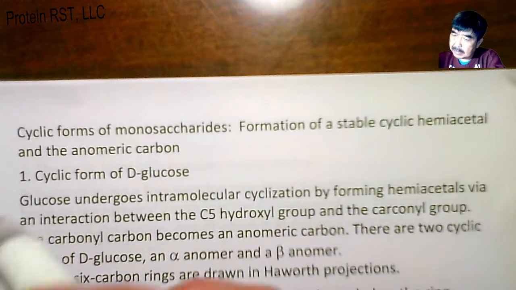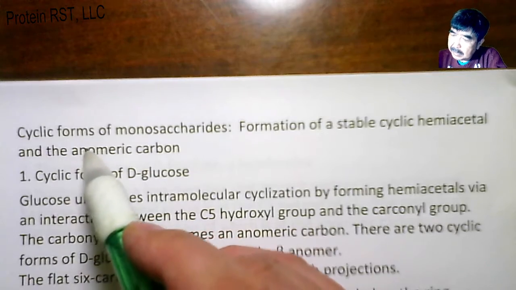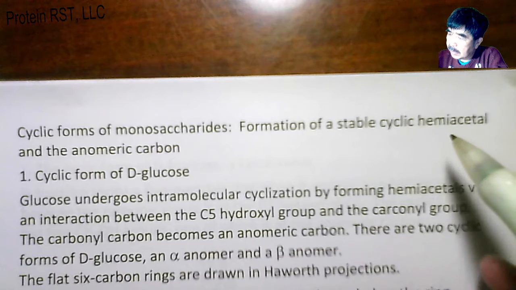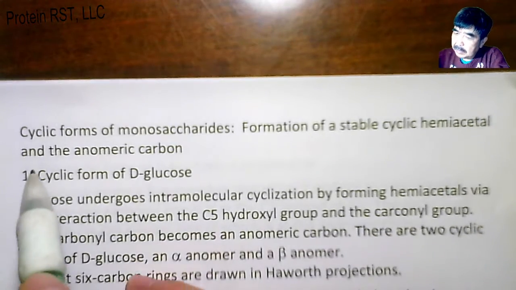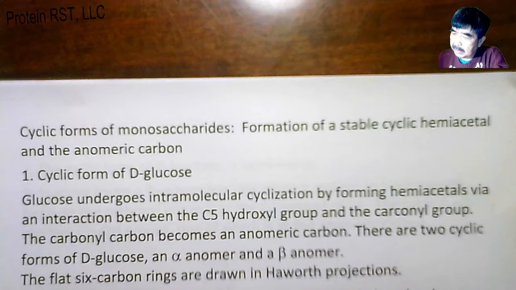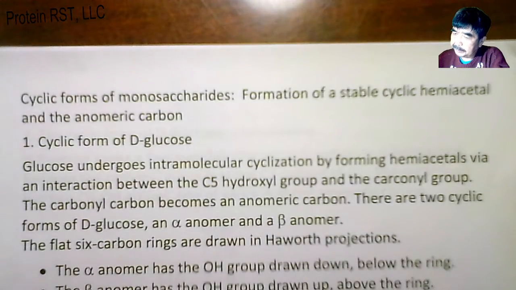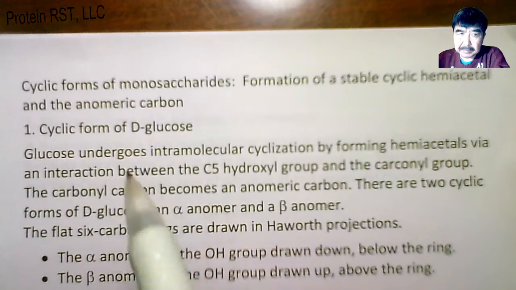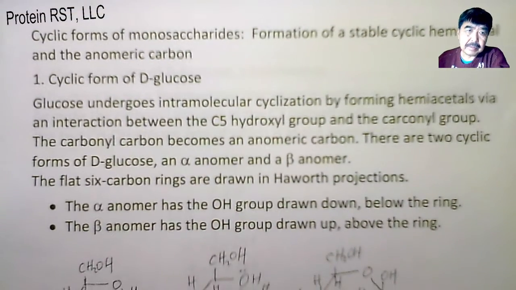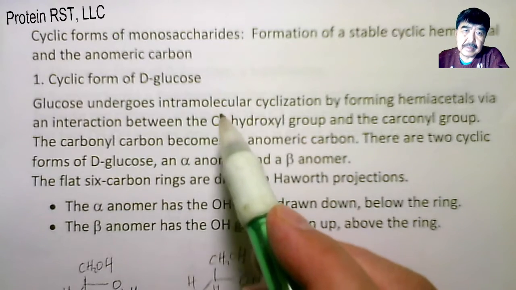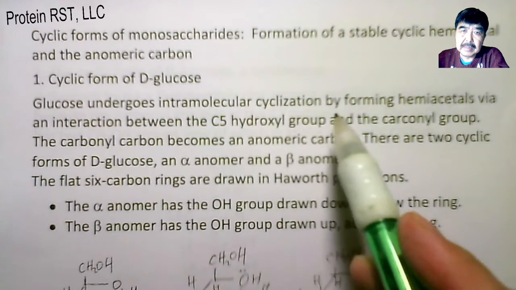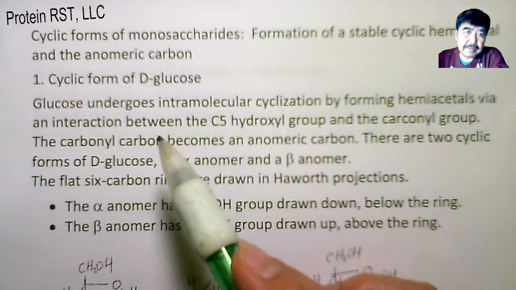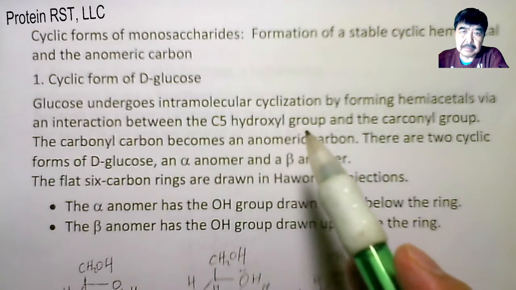Let's take a look at the cyclic forms of monosaccharides. Formation of a stable cyclic hemiacetal and anomeric carbon. The first one, cyclic form of D-glucose. Glucose undergoes intramolecular cyclization by forming hemiacetals, with the interaction between the C5 hydroxy group and the carbonyl group.